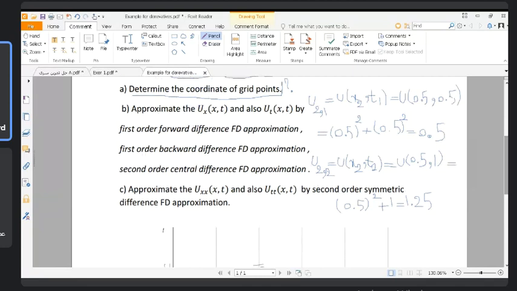Okay, we compute the value of u21 and u22.